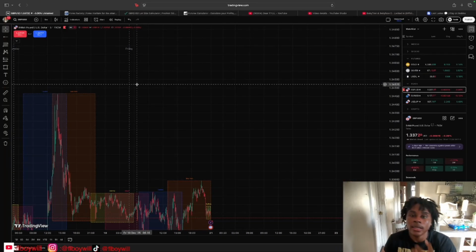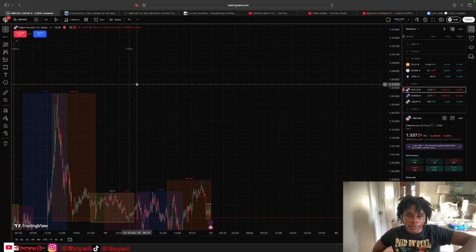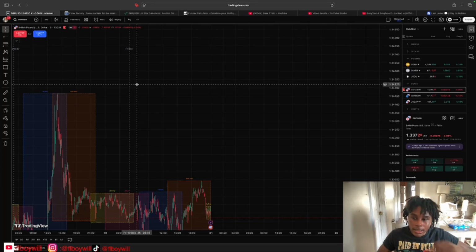Because if the 5 minute is showing that it's going bearish, but the monthly, the weekly, the 6 month, and the yearly are saying it's gonna go up, I think we want to take the up. You feel me? Because it might be a little short down, and then it might go up, and that's not even gonna show on the monthly and weekly and stuff.